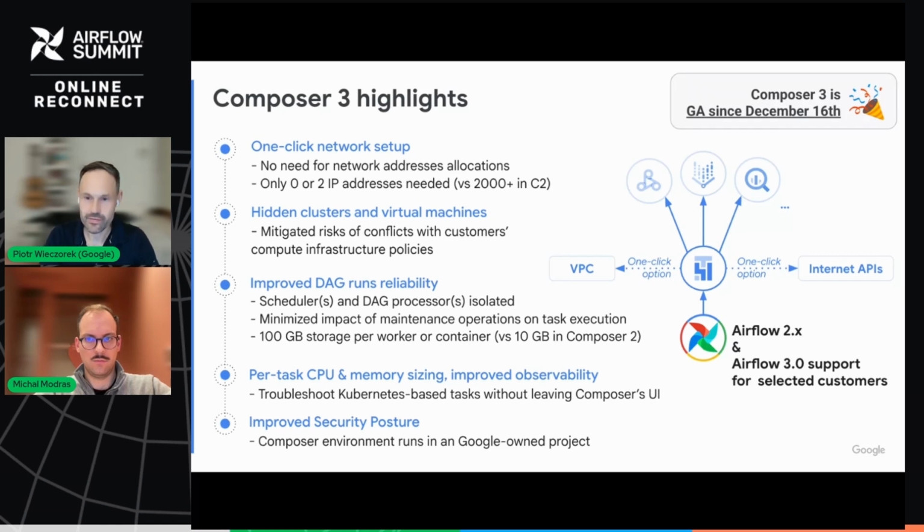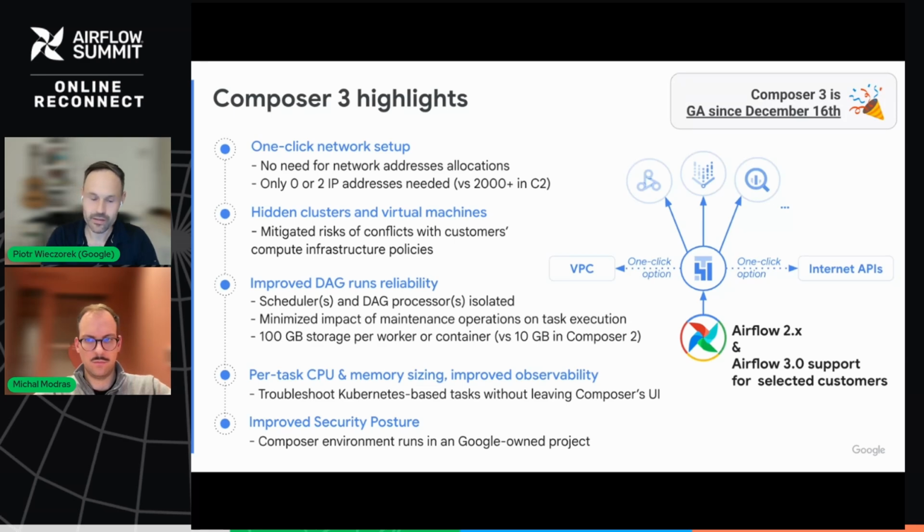So in our latest version, there is only 0 or maximum of 2 IP addresses that are needed from your IP range, which is an order of magnitude improvement versus our previous iteration, which needed up to even 2,000 addresses, and also the overall networking setup is significantly simplified.